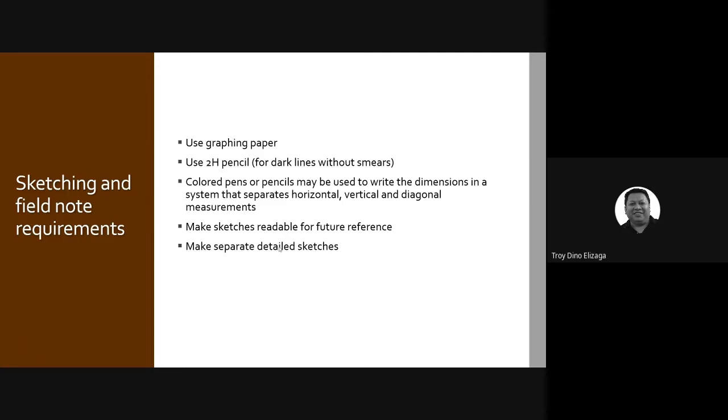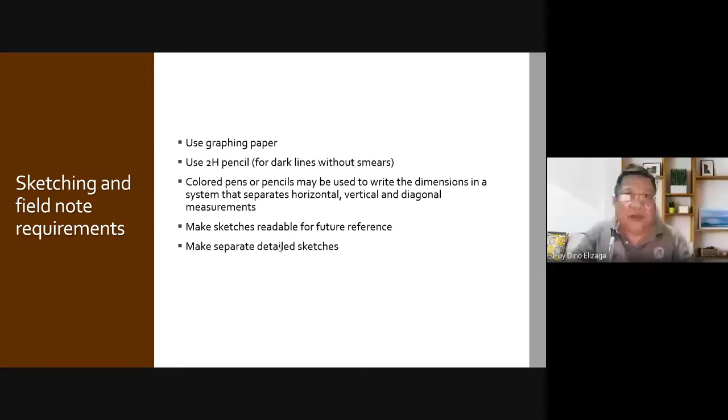So another practice would be a notebook without lines. We can put all the details there as long as we don't lose that notebook. Okay. And then we can refer in our main drawings to the details that are located in the notebook.